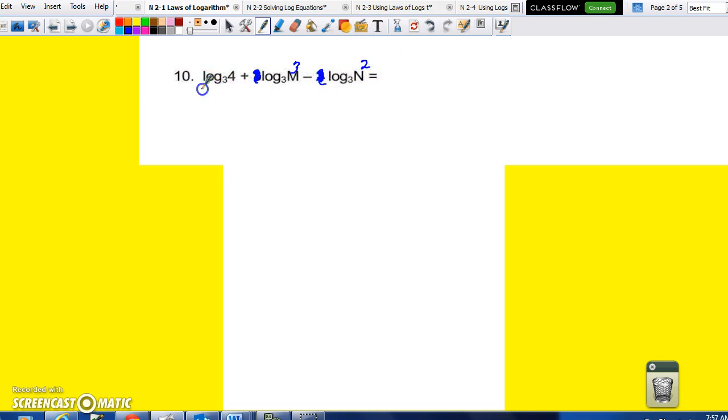So now I know I'm going to have to multiply these two. That's going to give me log base 3 of 4 times m to the 3rd. And because I'm subtracting this, that is going to be over n to the 2nd.